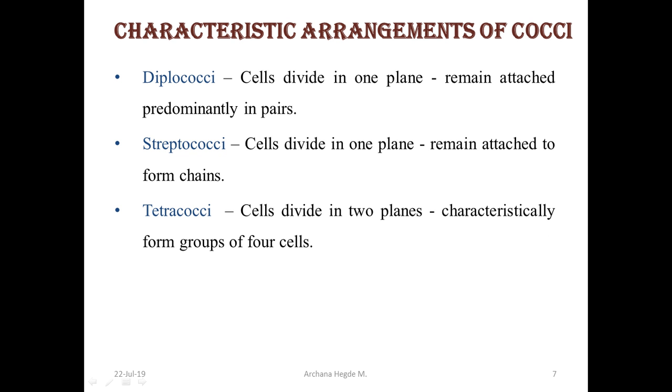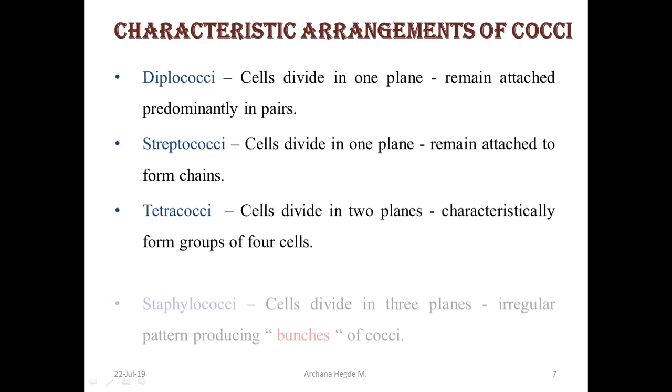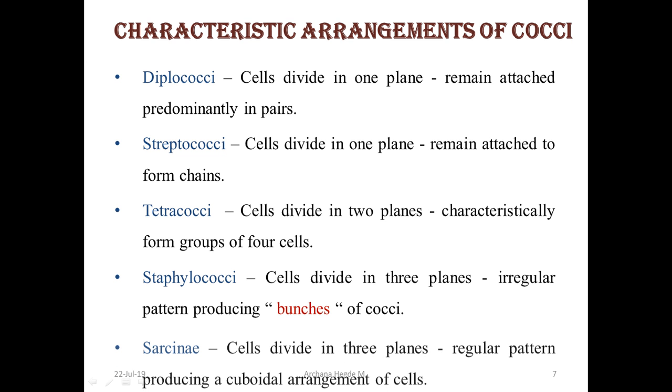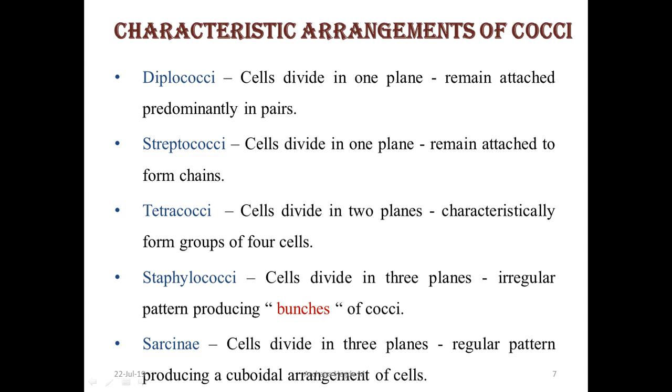Tetracocci are cells divided in two planes, characteristically forming groups of 4 cells. Staphylococci are cells divided in 3 planes, in an irregular pattern producing bunches of cocci. Sarcinae are cells divided in 3 planes, in a regular pattern producing a cuboidal arrangement of cells.